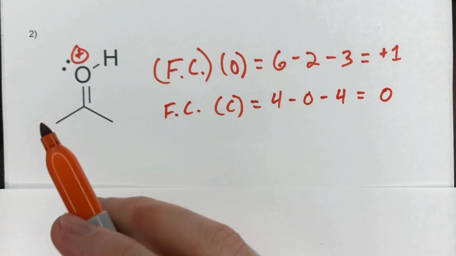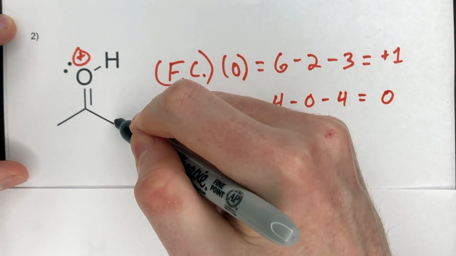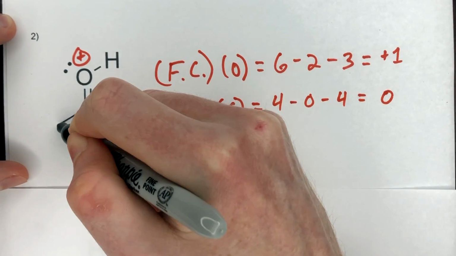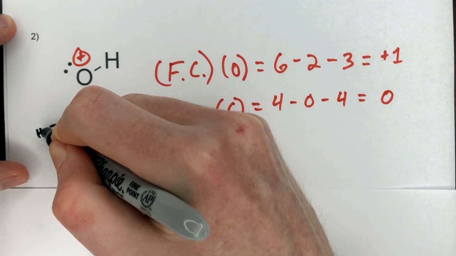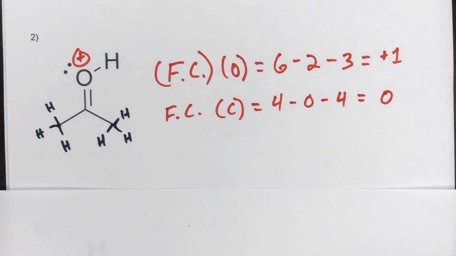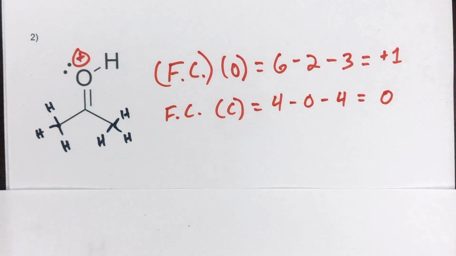And then if we were to look at the other carbons that are on the periphery here, they all have 3 hydrogens to fulfill their octet. So the exact same equation would hold for those groups, which are called methyl groups, because they also have 4 bonds, 4 electrons in terms of the bonding. So that would give a formal charge of 0 as well.